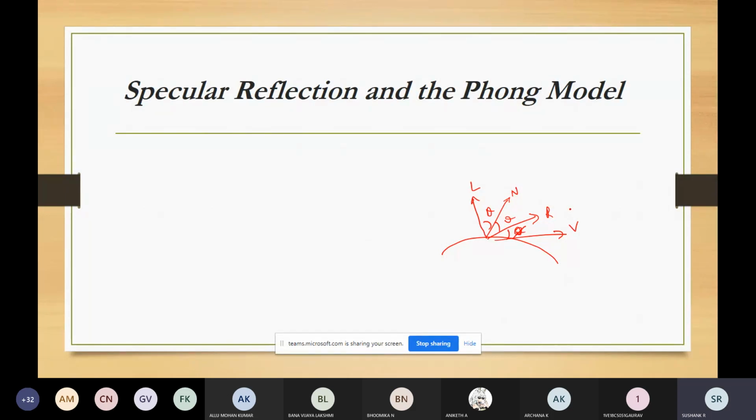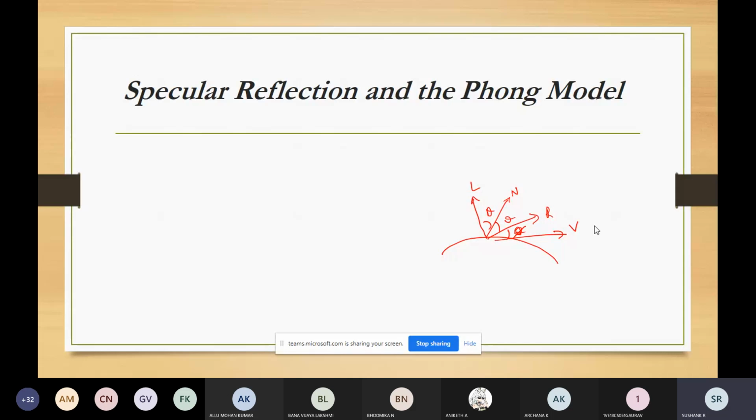R is the vector in the direction of ideal specular reflection, and V is the vector pointing towards the viewer from the selected surface position. Angle phi is the angle relative to the specular reflection direction.